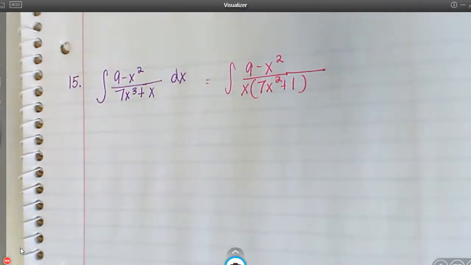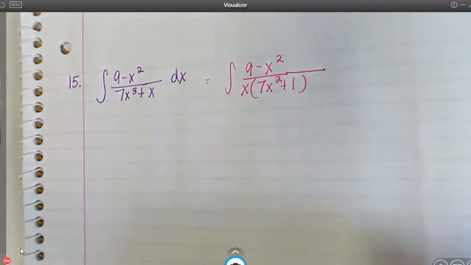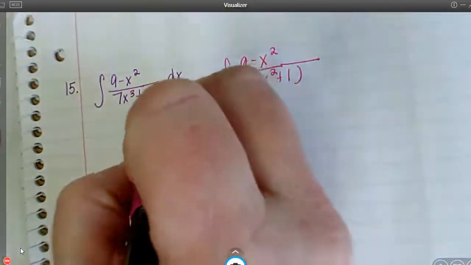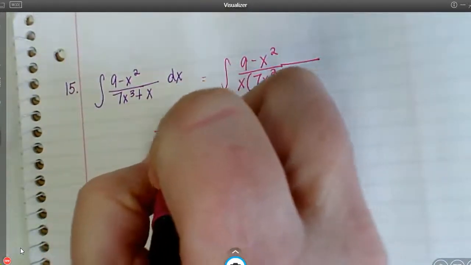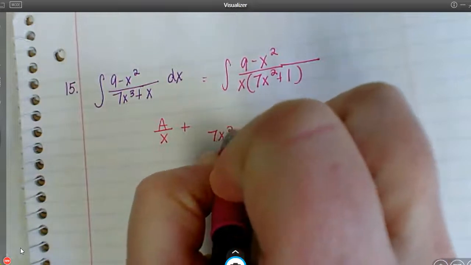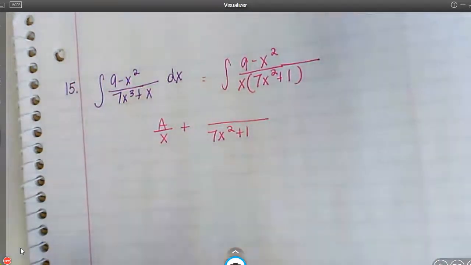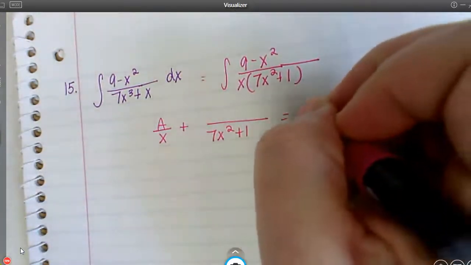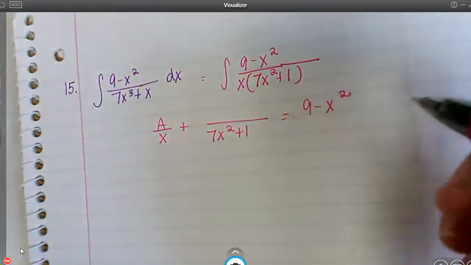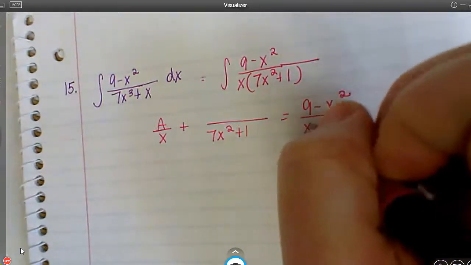And really that's not a lot different from what we've looked at, but when we set up the question to solve it, what you have to do is you're going to have a over x, and we know there's going to be something over x squared plus 7x squared plus 1. And we want this to equal 9 minus x squared over all of that.